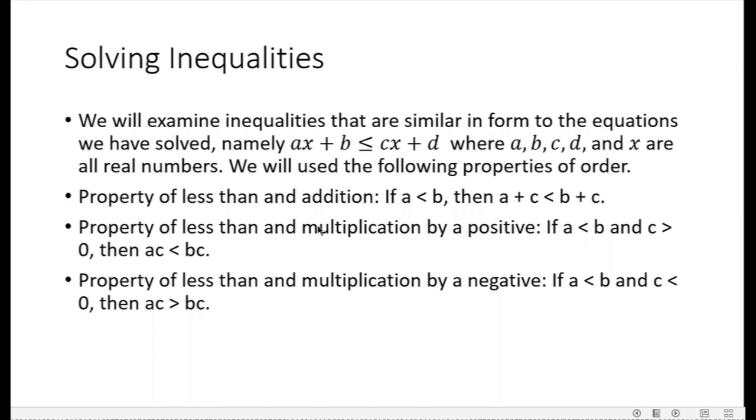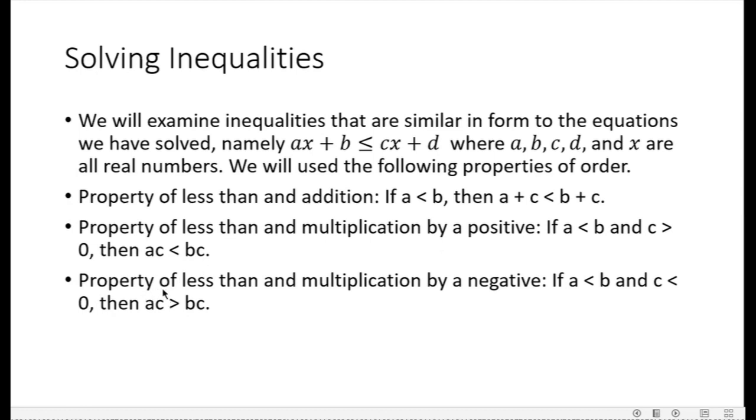Property of less than and multiplication by a positive: if a is less than b and c is greater than 0, then the product of a and c is also less than the product of b and c.